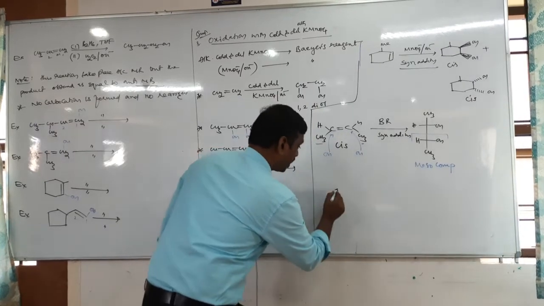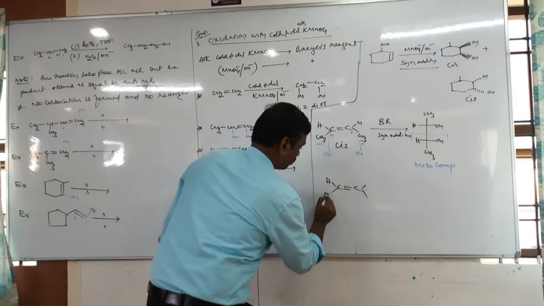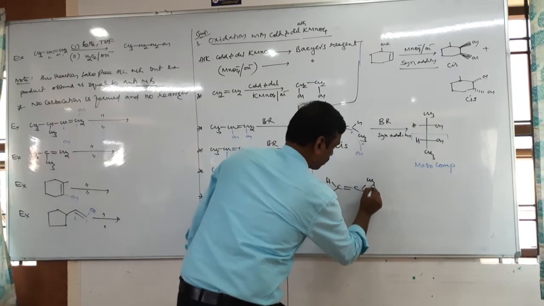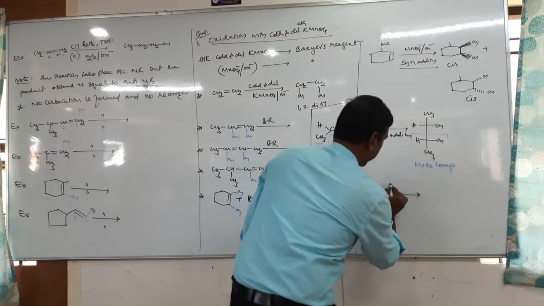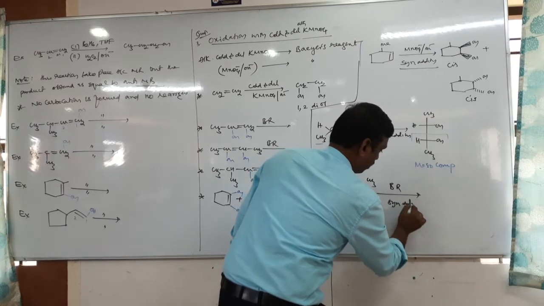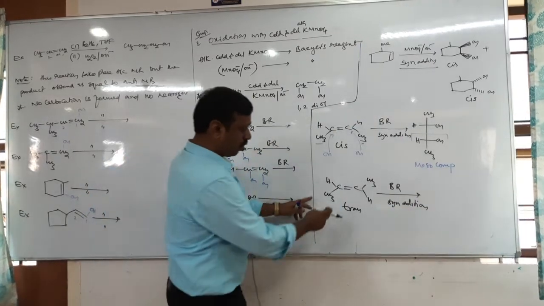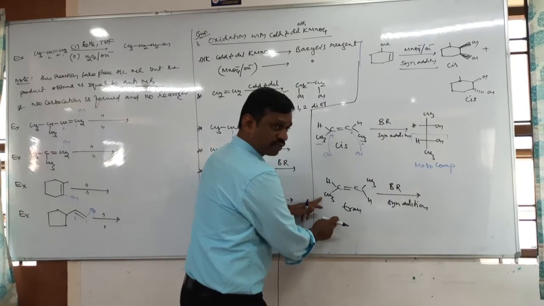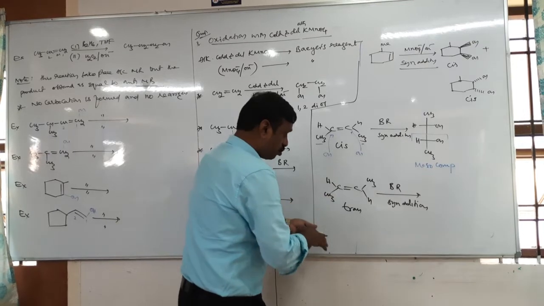Next, if the alkene is a trans, and Bayer's reagent, of course Bayer's reagent is always a syn addition. Tell me. Now already the methyl groups are opposite to the double bond, and how should we add two OH groups?